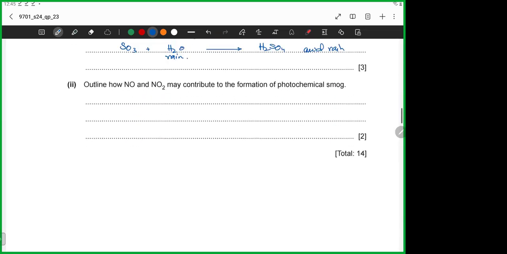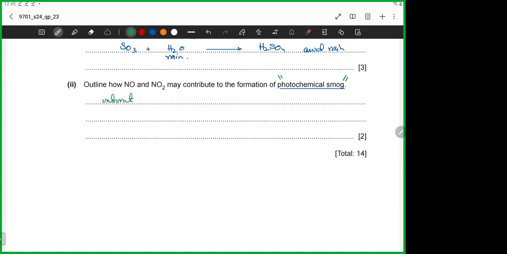Outline how NO, NO2 may contribute to the formation of photochemical smog. What is photochemical smog? It's when the carbon monoxide and other gases are given out by the car. Remember, this is a new thing that's been added.